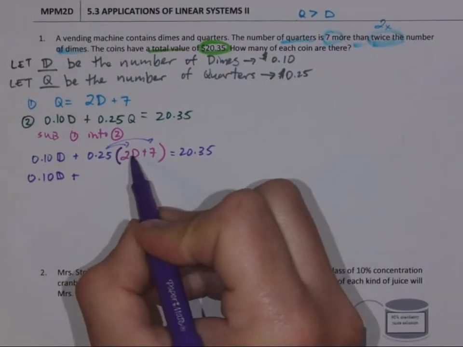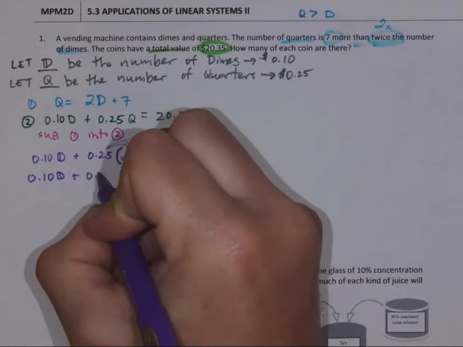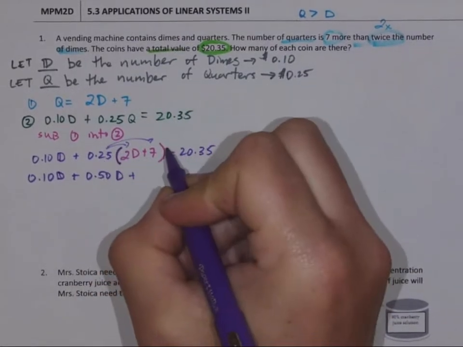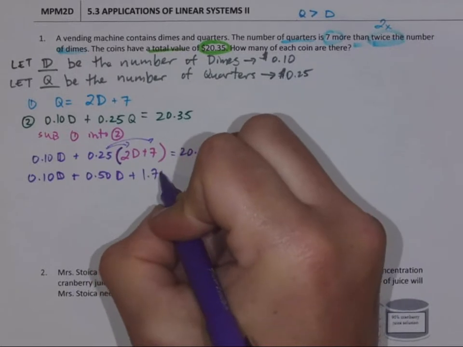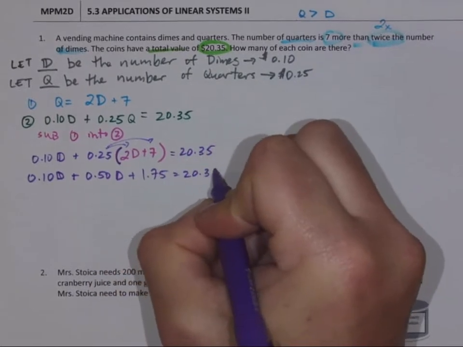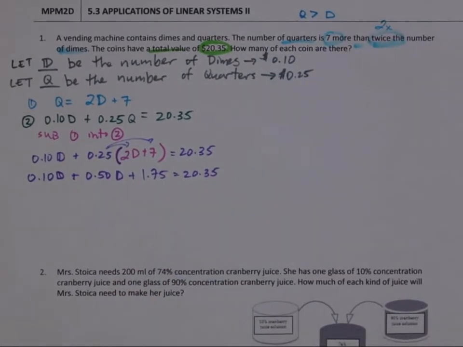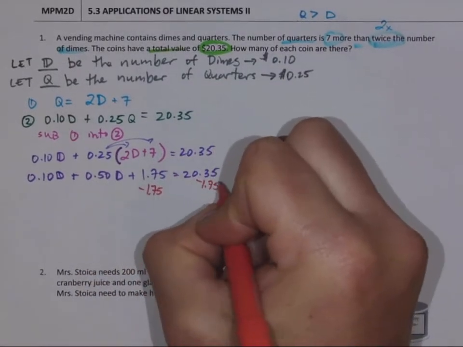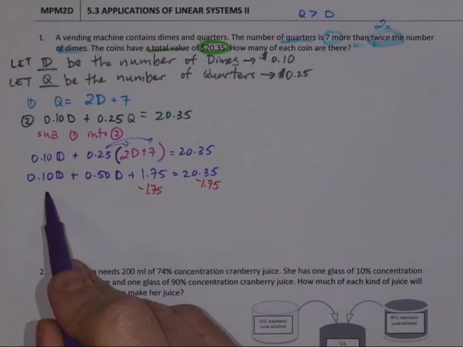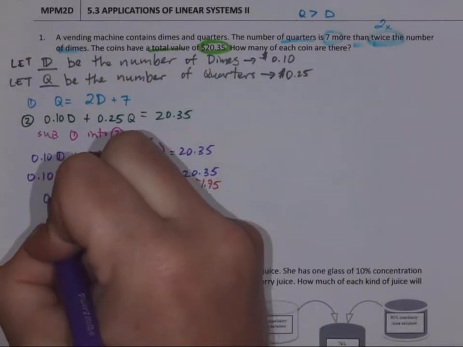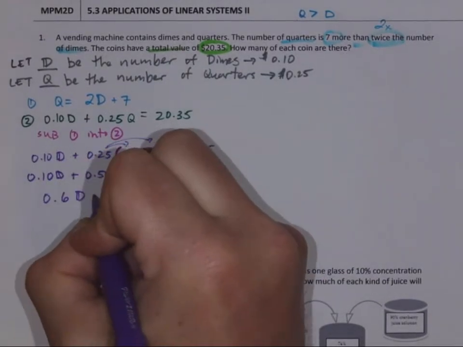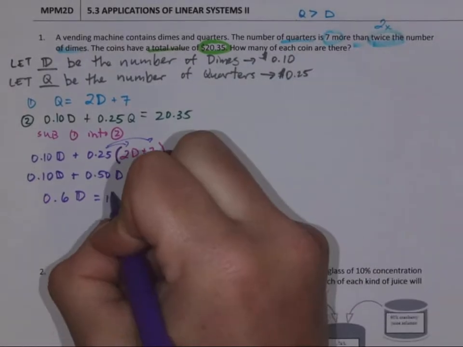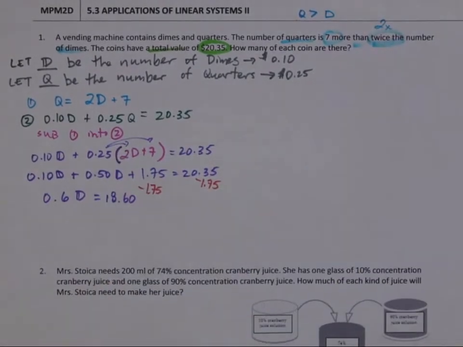So 0.25 times 2. 0.25 times 7. Let's collect like terms. $20.35, take away $1.75, $18.60.